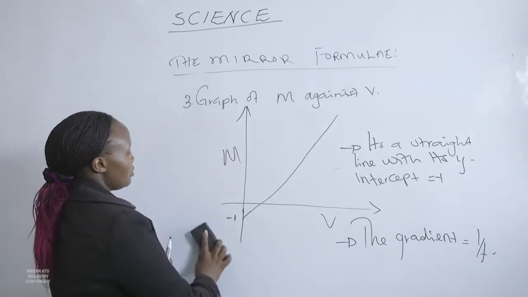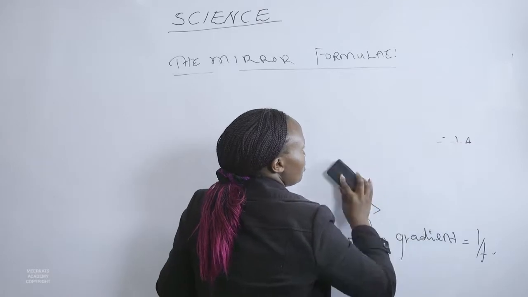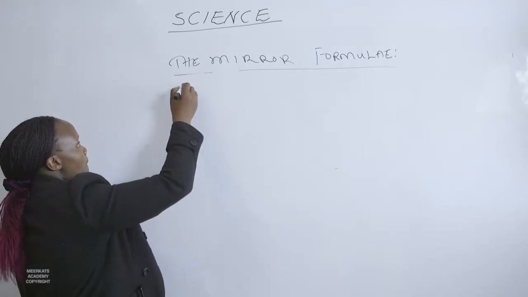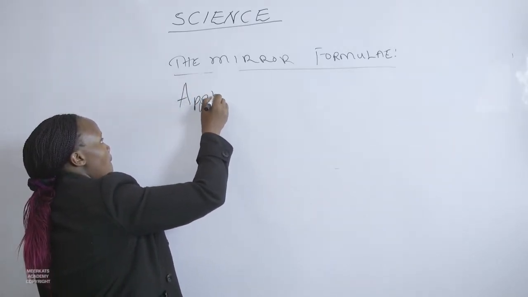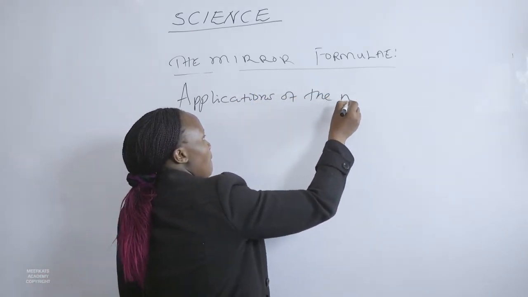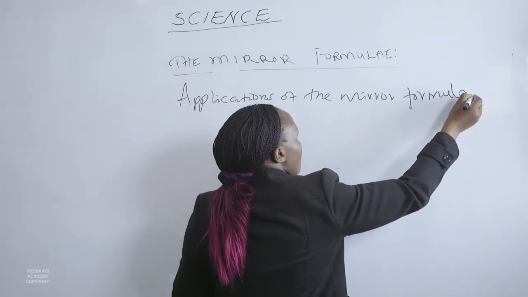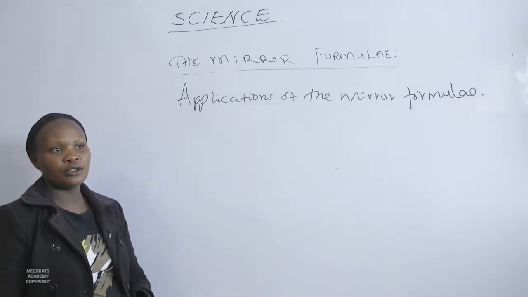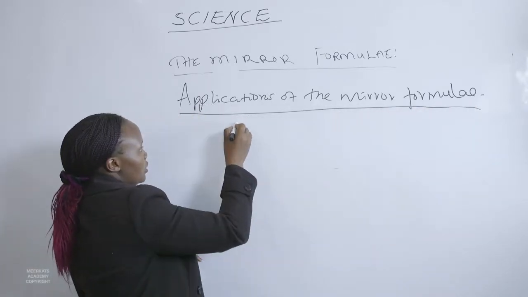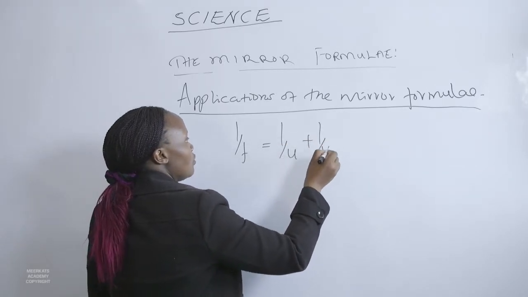Now we can look at some applications of the mirror formula, which we have just looked at. 1 over f being equal to 1 over u plus 1 over v.